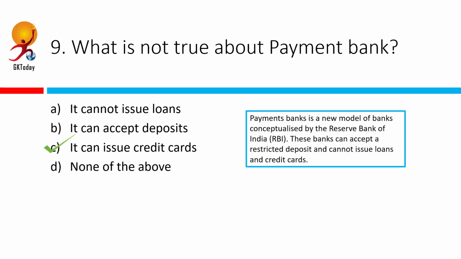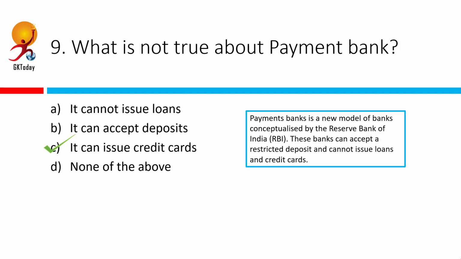What is not true about payment bank? Correct answer is it can issue credit cards is false. There are few things that the payment bank can do, which are accept deposits, but it cannot issue loans or credit cards. So the maximum restricted deposit is rupees 1 lakh per customer, and these banks may not issue loans or credit cards, but they may offer both current and saving accounts.